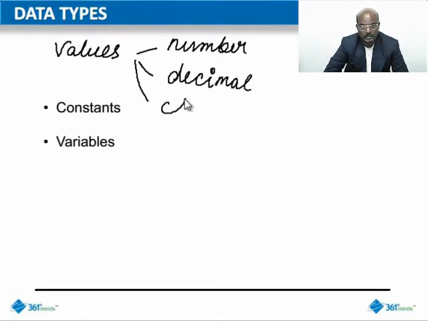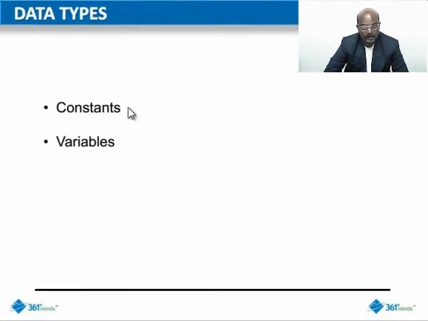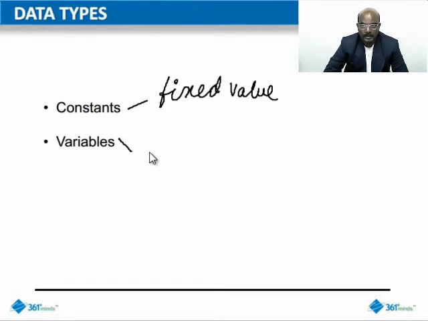They are constants and variables. A constant is a value that's fixed and cannot be changed during the runtime of a program. A variable is a value that can have different values during the course of running a program.